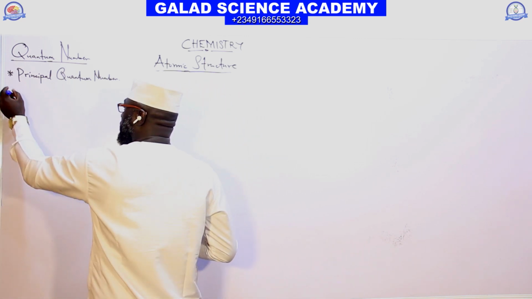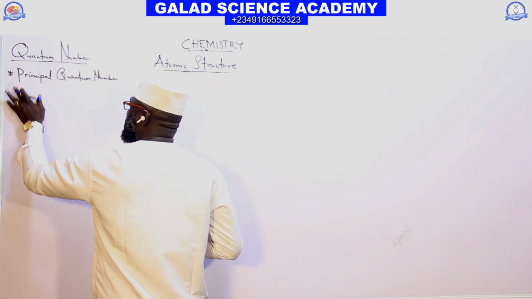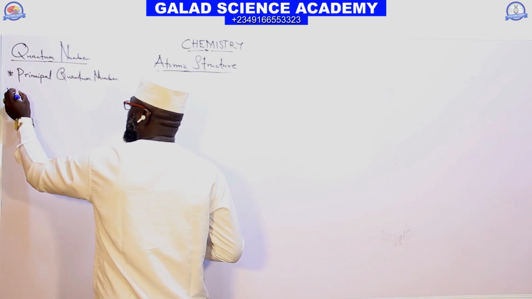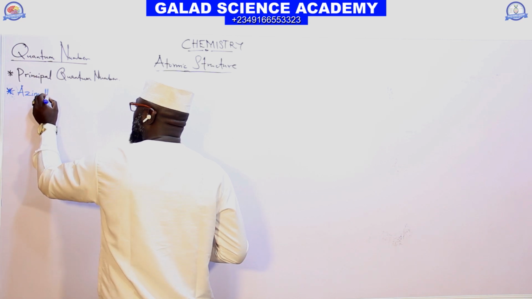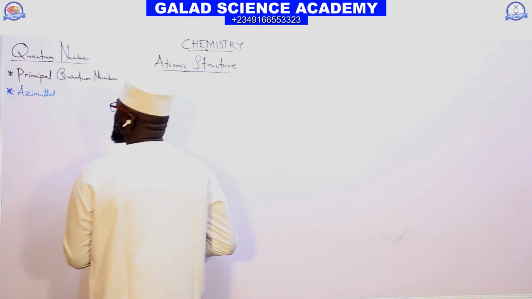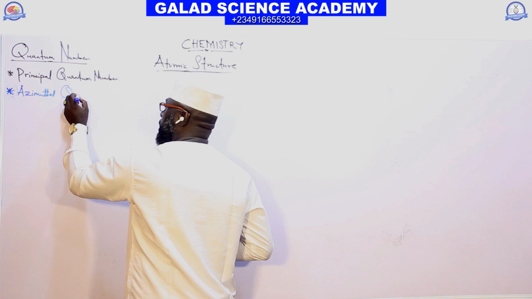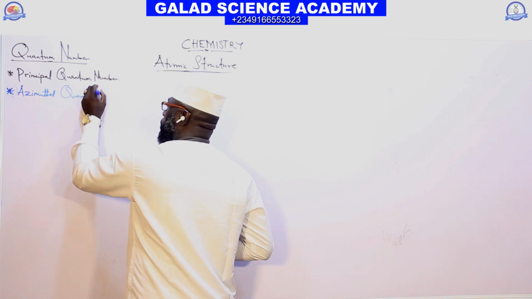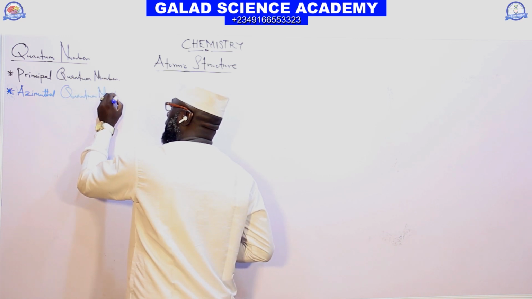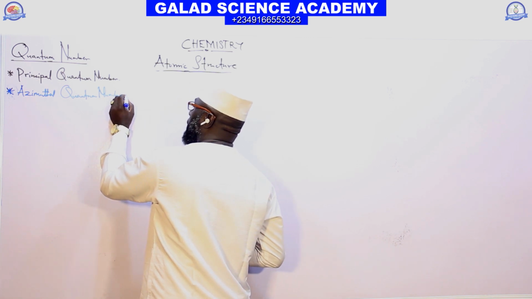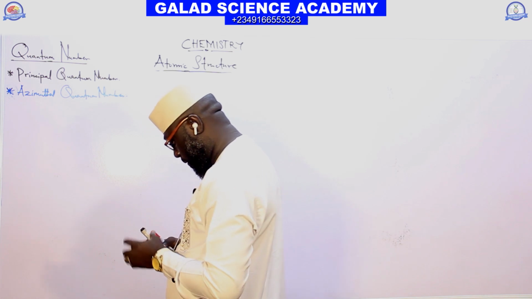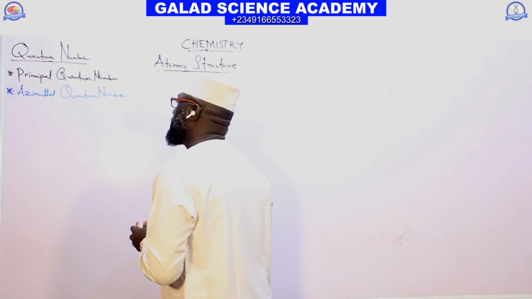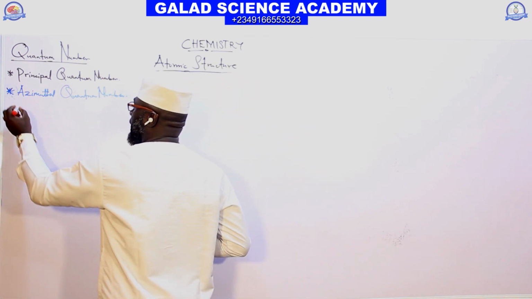The second one is azimuthal quantum number. And the third one is magnetic.